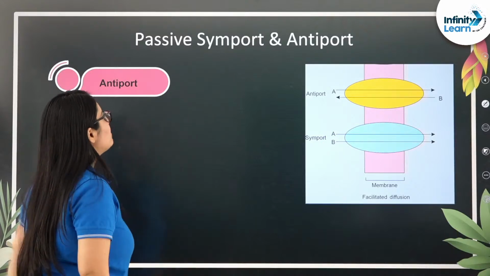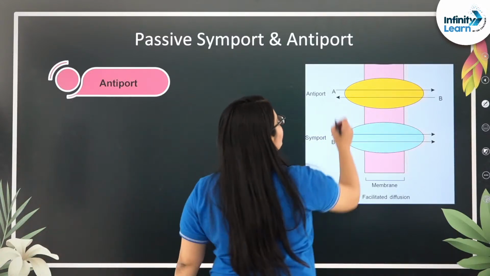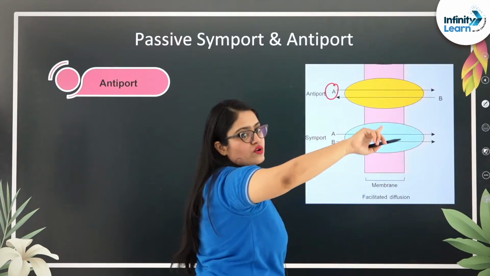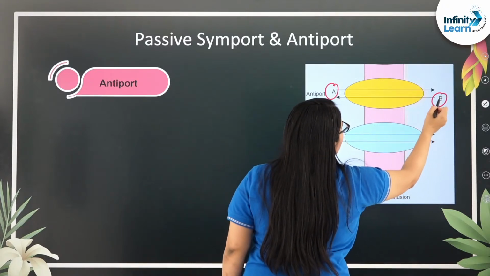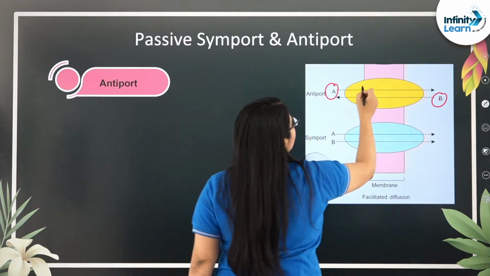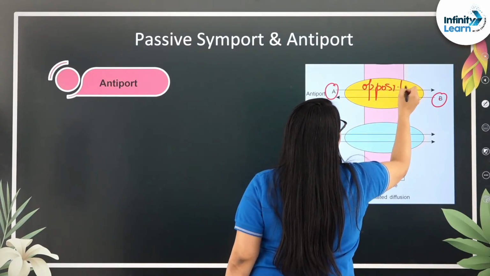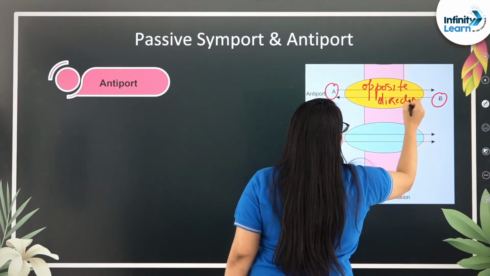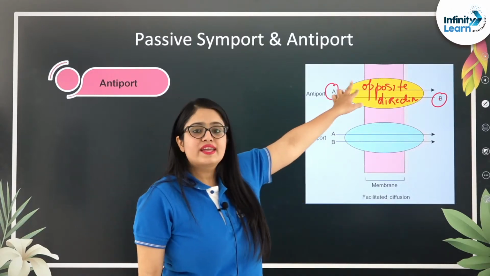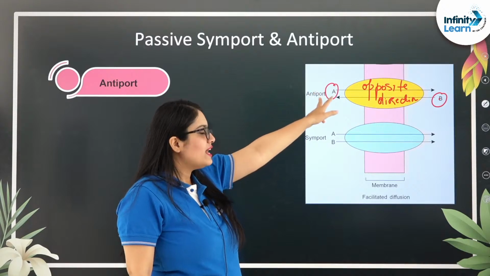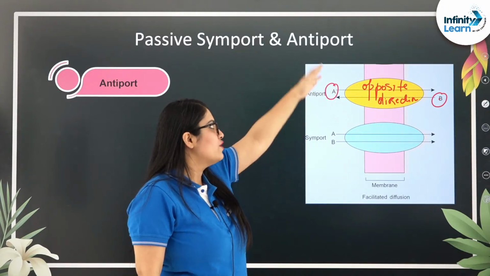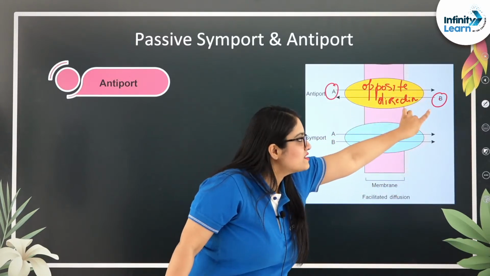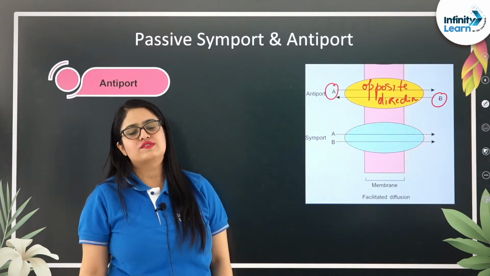Now let us see how antiport is different. In antiport, students, in order to move this A type of substance from this region to this region along the concentration gradient, another substance B should move in the opposite direction. So the direction of movement is opposite. This carrier protein will allow the movement of A along the concentration gradient only when a B type of substance moves from this region to this region, again along the concentration gradient.